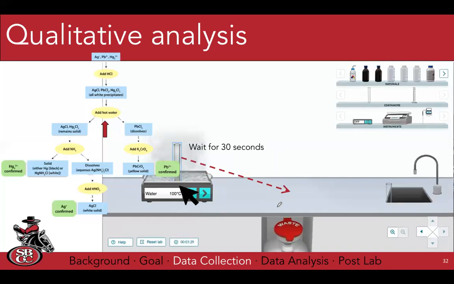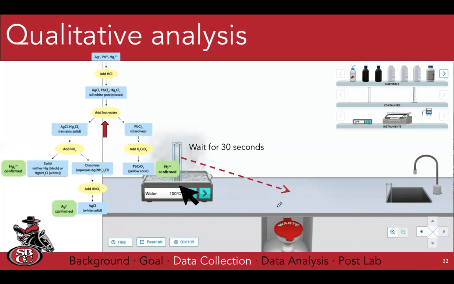So we'll wait for 30 seconds. Here's my first pro tip. For this simulation, make sure you actually record how much time you wait, because once you get to the unknowns, it's either going to remain solid or dissolve. And if you weren't paying close attention while you calibrated your sensor, then you might say to yourself, did I leave it long enough? I don't know, let me put it back.